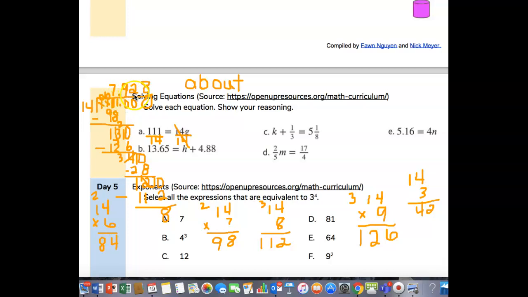So what we have to do is look at the 2 and then go to the right, and if this number is a 5, 6, 7, 8, or 9, we can round up. So this would be 7.93. Okay? So either one of these would be correct.